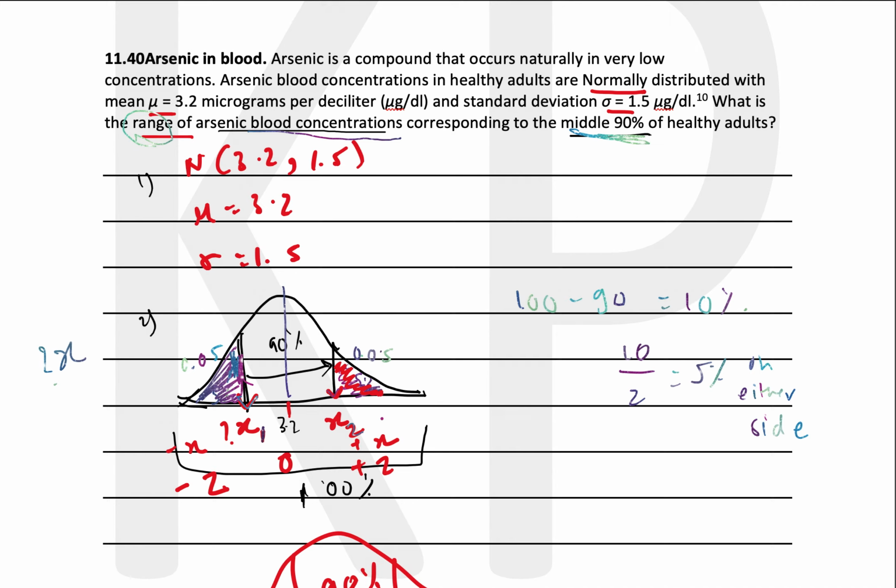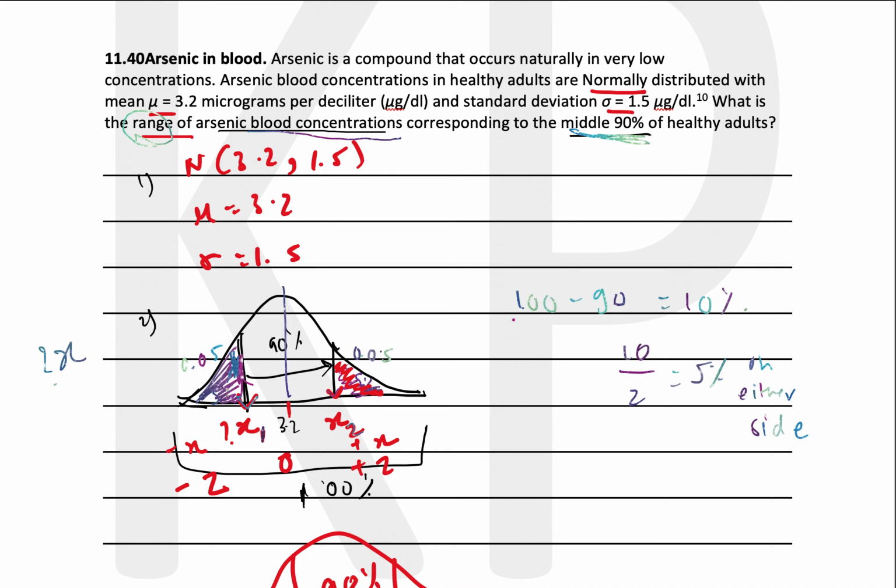To find this x value, since it's not within that 68, 95, 99.7 rule, you know that you have to transform these x values to z to find those particular x values. So even before transforming, we first have to find what would be the z that we should look for to get these areas.